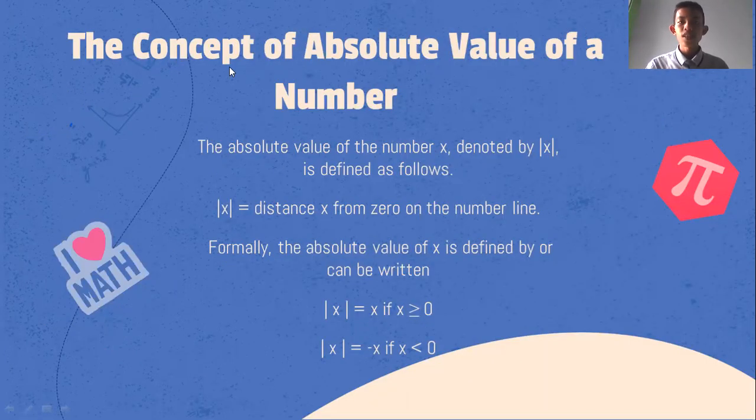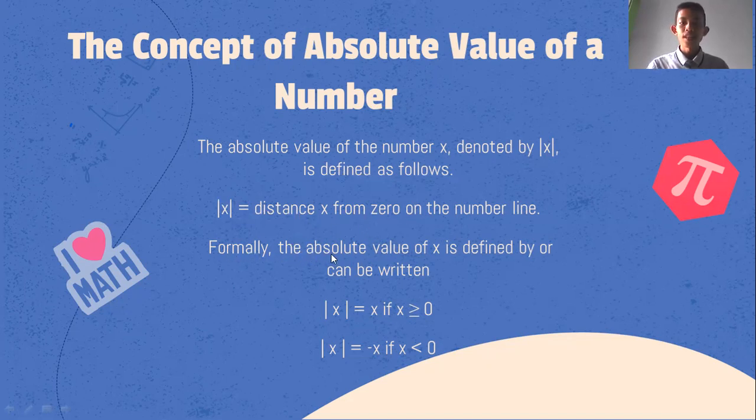Next, the concept of absolute value of a number. The absolute value of the number x, denoted by |x|, is defined as follows. Absolute value x is the distance of x from 0 on the number line.